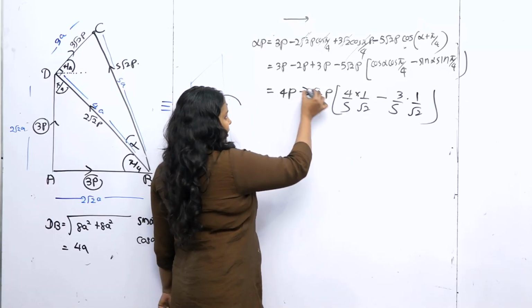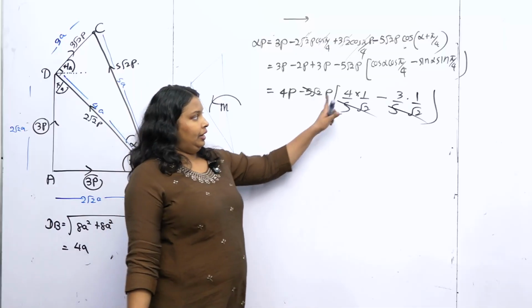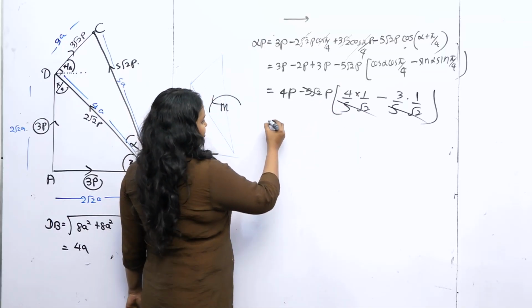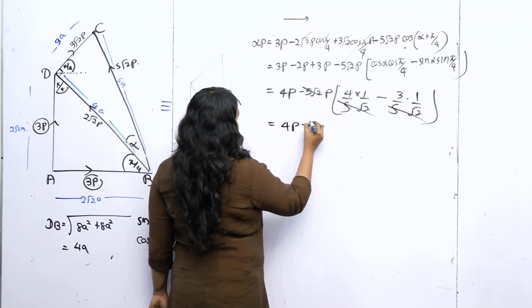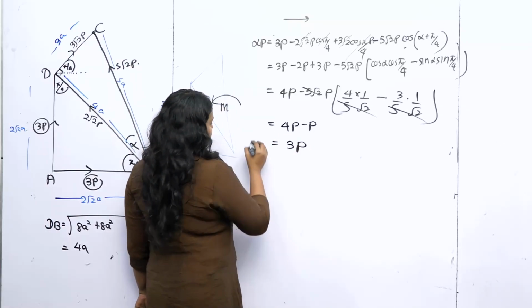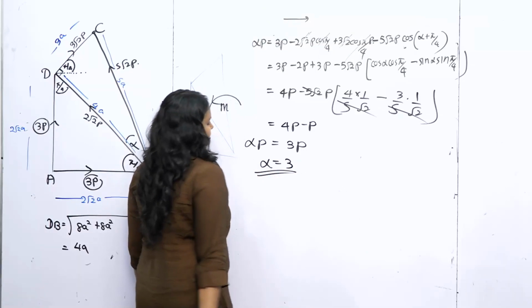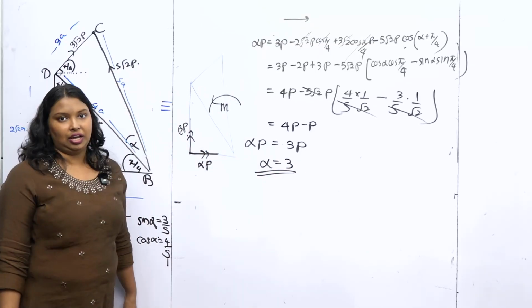Clear? So I remove it, as the common denominator. So you get 4 minus 3, that is 1. So it is 4p minus p. You are getting 3p, right? So alpha p equals 3p means alpha equals 3. Clear? Likewise, we can find the value of alpha.